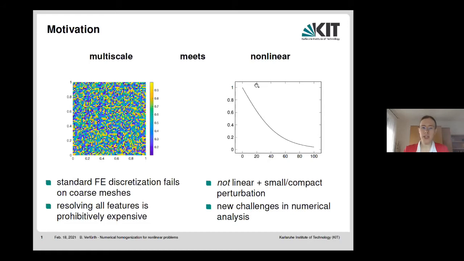Especially these challenges come into play if we want to combine both worlds: the multiscale world, which is quite well understood in the linear case, and the nonlinear case, which in some sense is quite well understood if you do not have rapid variations, but the combination of both. This is a huge challenge that we want to partially tackle in this talk.